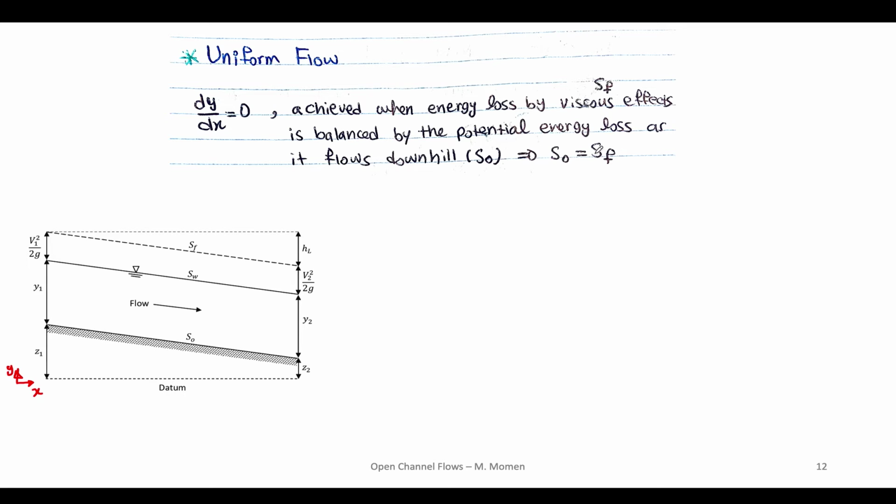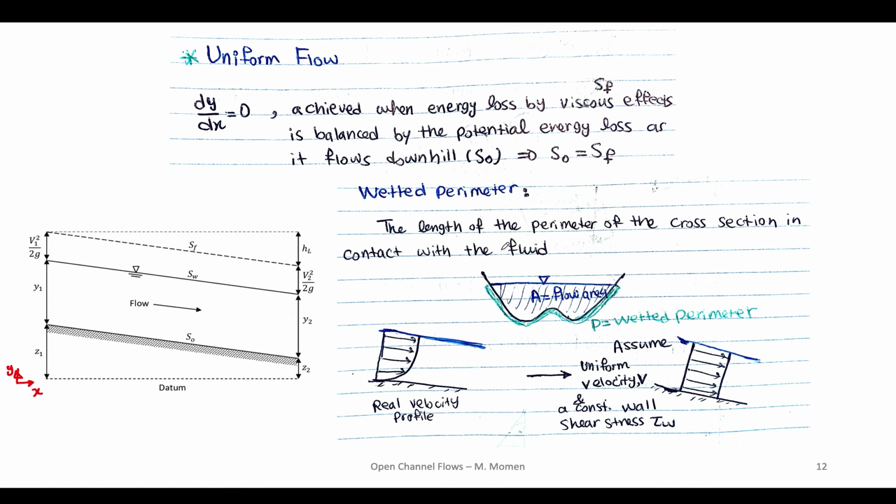Now I want to define some parameters that are specifically used in this type of flow, and one is what we call the wetted perimeter.